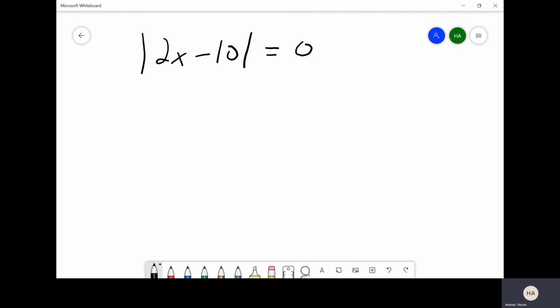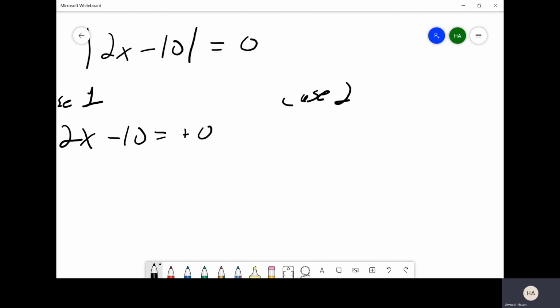But when we try to do it here, if we say, like case 1, and we have 2x minus 10 is equal to, we'll say positive 0, right? And then we do case 2, so we have 2x minus 10 is equal to negative 0. Well, positive and negative 0 are really just 0, right?